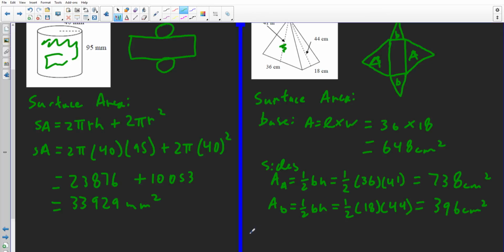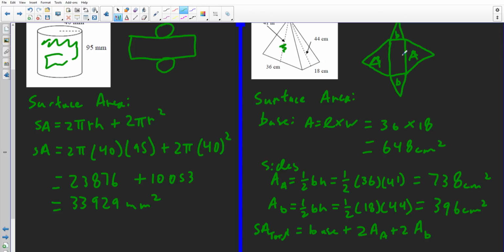So what we need to do, for the total surface area, is add the base plus 2 times side A plus 2 times side B. Now you don't need to write down this formula. All I'm doing is writing down what I'm saying.